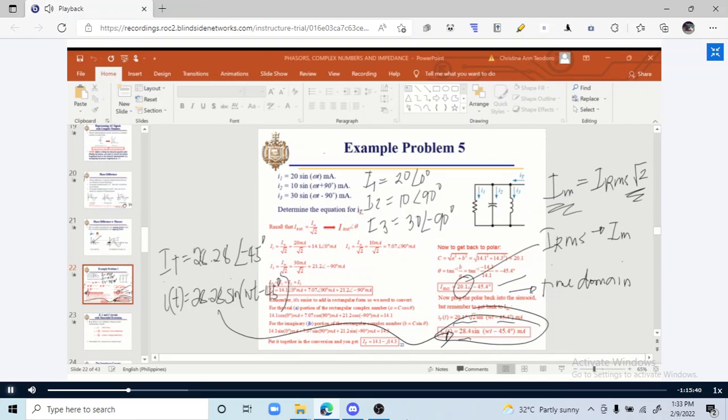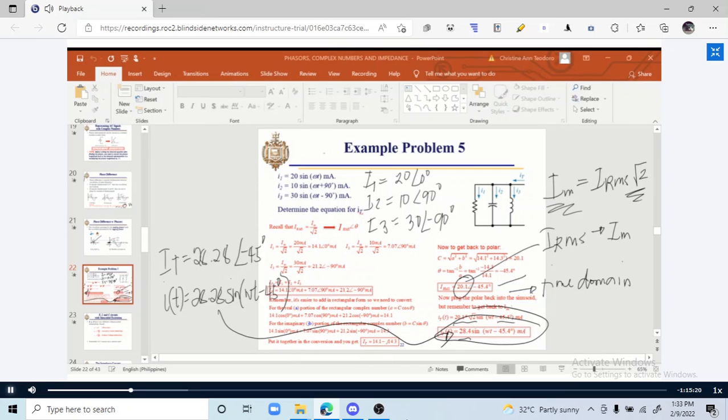So my question is, Lawrence, can we already add I1, I2, I3 in a time domain format? Yes po, ma'am. Yes? How? Ano po ulit yung tanong, ma'am?